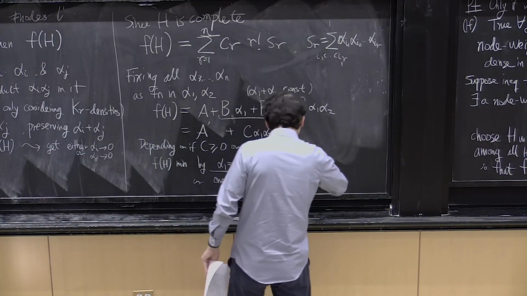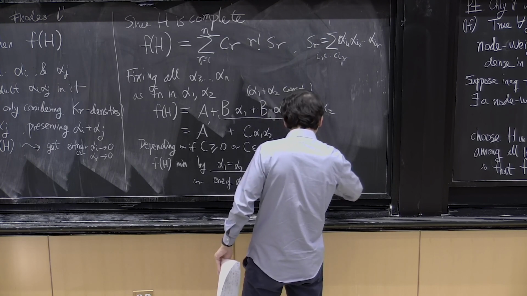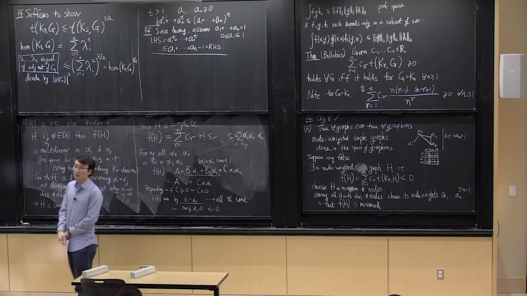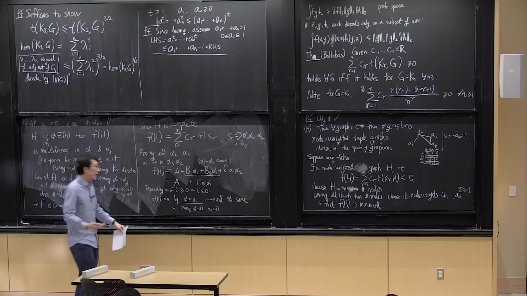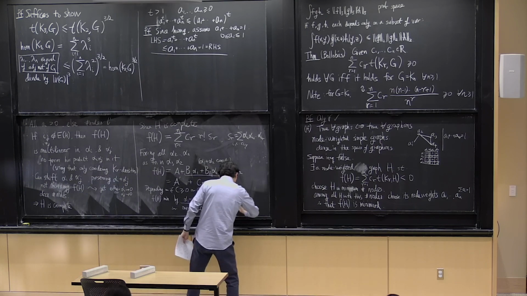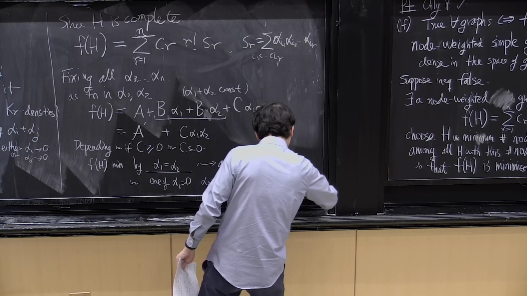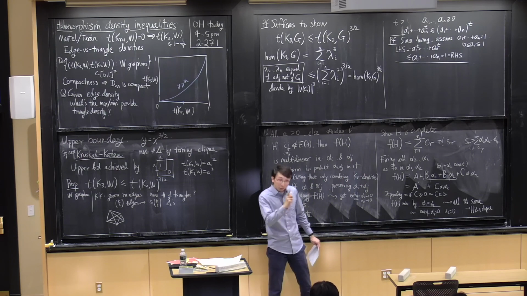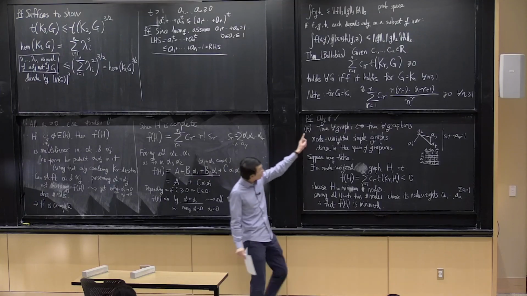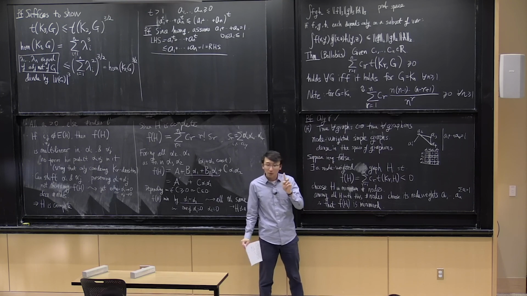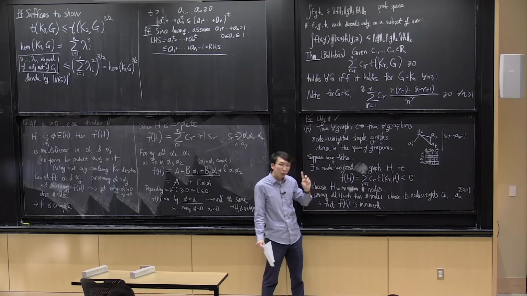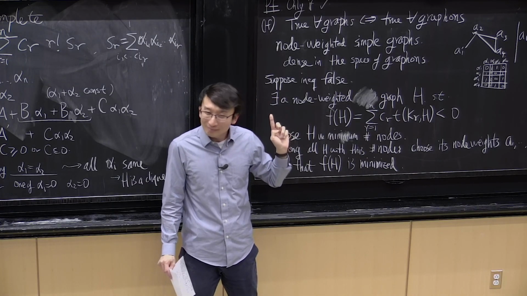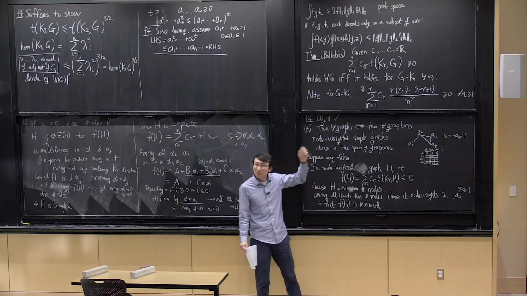Hence, by symmetry, if you apply the same argument to all the other alphas, all the alphas are equal to each other, which means that H is a simple clique. It's basically an unweighted clique. So in other words, if this inequality fails for some node-weighted H, then it must fail for a simple clique H. And that's the claim above.